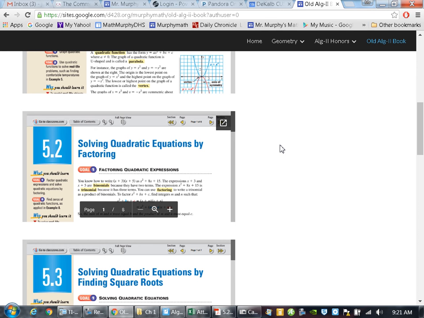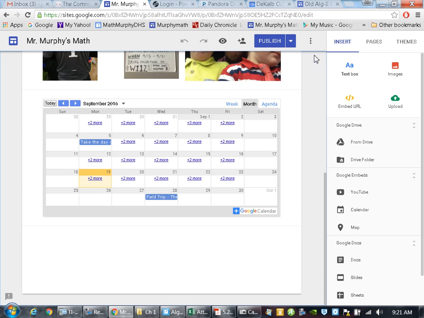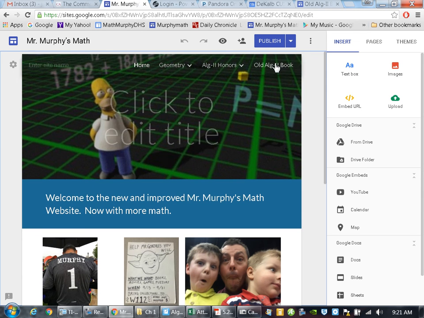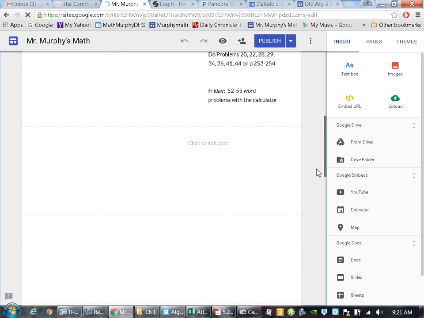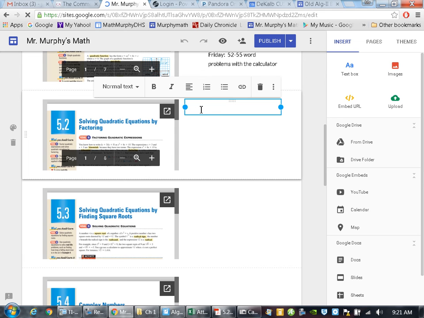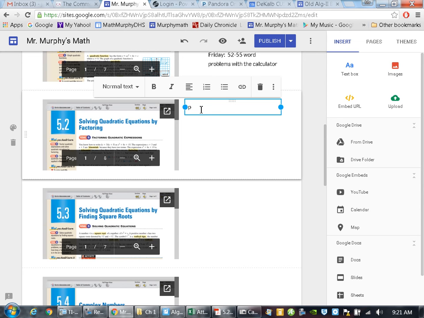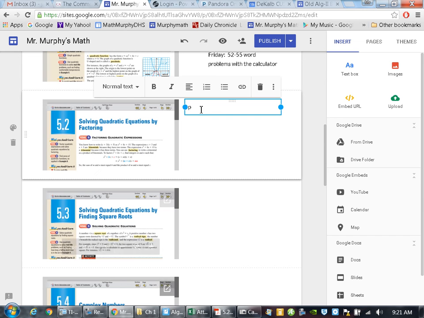So let's see here. Let me edit this. We're doing what numbers? What page did I say that was? It's page 260 or something like that? Was it 252? It's 260. It starts on 260.